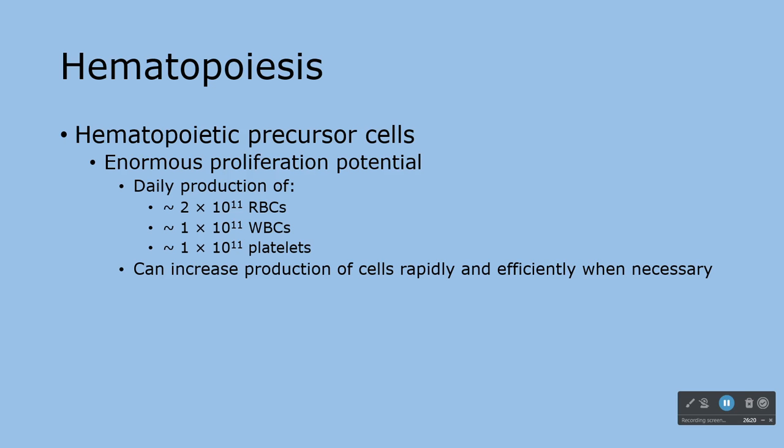Okay, so I'm going to take a poll. We just said that RBCs, it takes 200 trillion a day. White blood cells 100 trillion a day. Platelets 100 trillion a day. Okay?